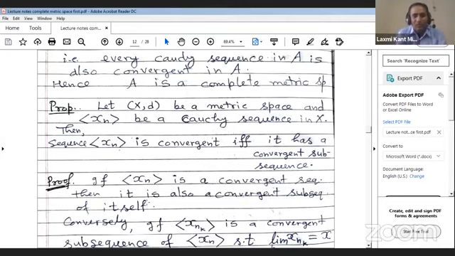Okay. So sequence xn is a convergent subsequence of itself. So we are done in this case. Now, conversely, if we have a convergent subsequence x_nk of sequence xn such that it converges to some point x.